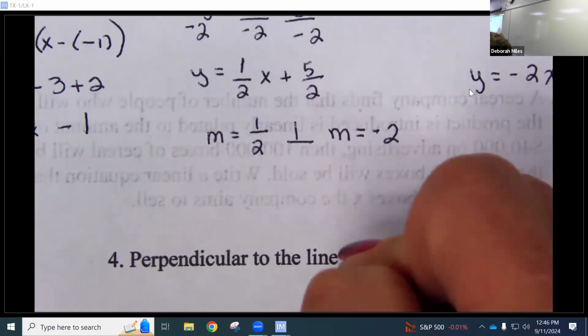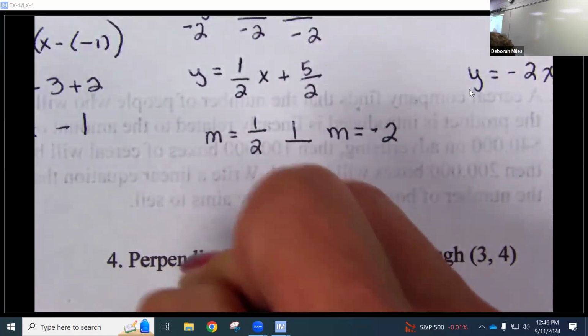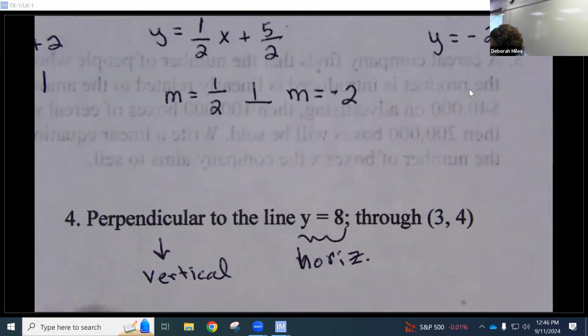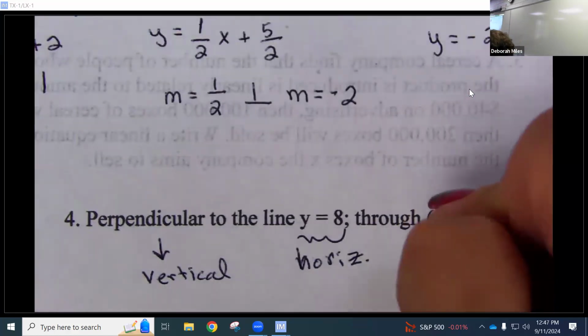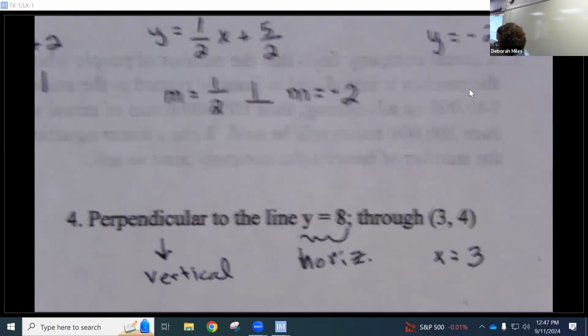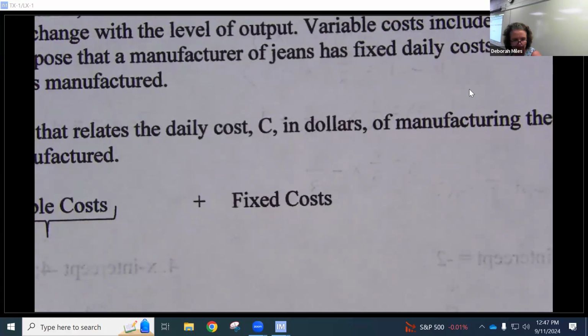This is horizontal, so perpendicular would have to be vertical. And if it's going to go through this point, it has to be X equals 3. So I'm not plugging anything into any formula. I'm thinking horizontal line, vertical line, X equals whatever X equals. As always, we have run out of time with problems left to go.